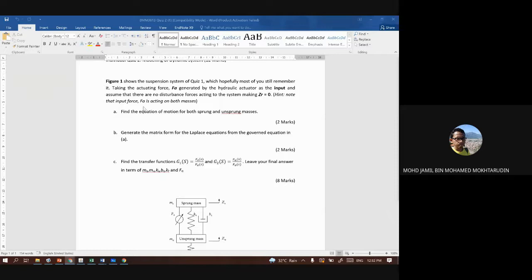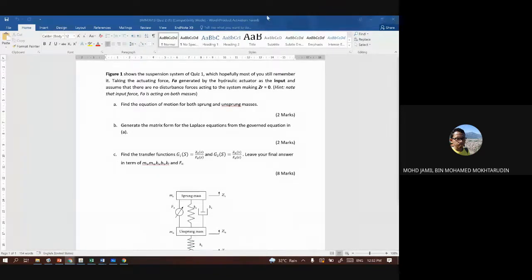Note that the input force FA is acting on both masses, not only one mass but both the sprung and unsprung masses. Find the equation of motion for both sprung and unsprung masses.